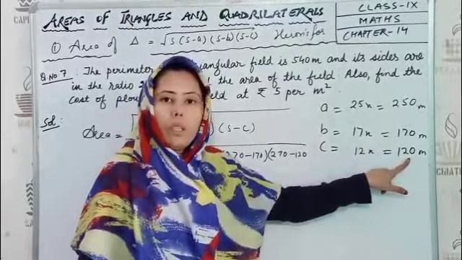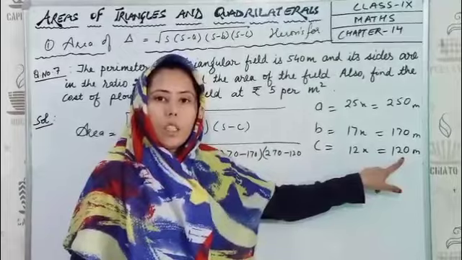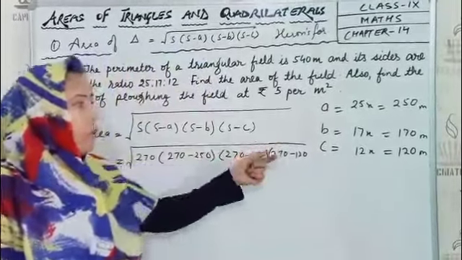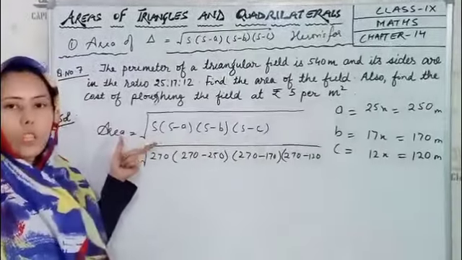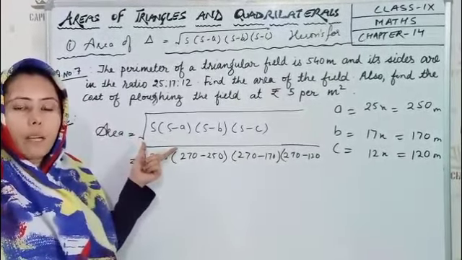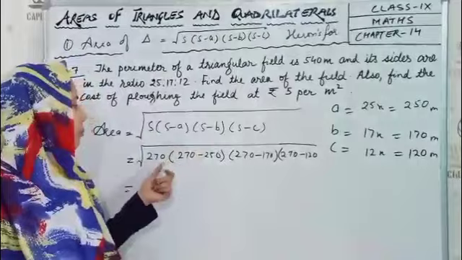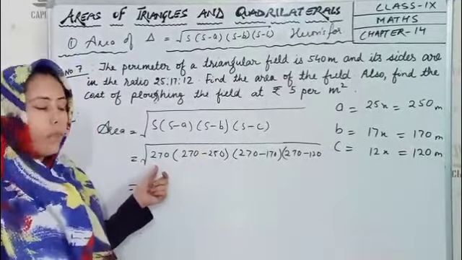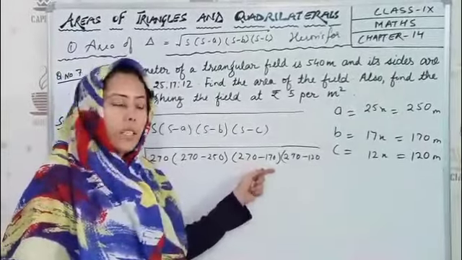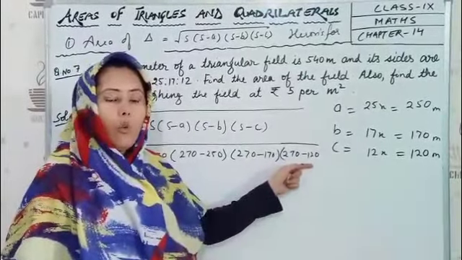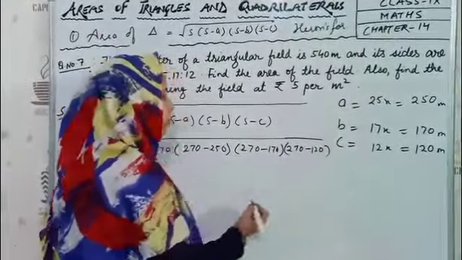So 12 into 10 you will get 120 meter. Now we will put the values of a, b, c in Heron's formula to calculate the area. So Heron's formula is under root s into (s minus a), (s minus b) and (s minus c). s is 270, so 270 minus 250, 270 minus 170 and 270 minus 120.